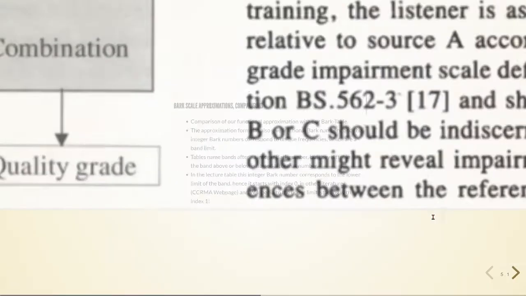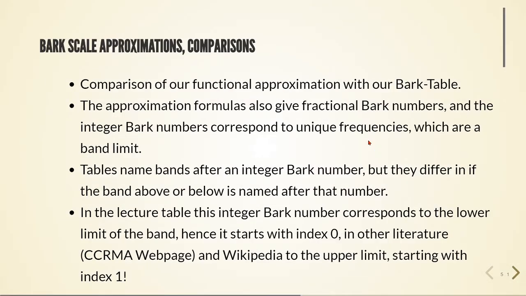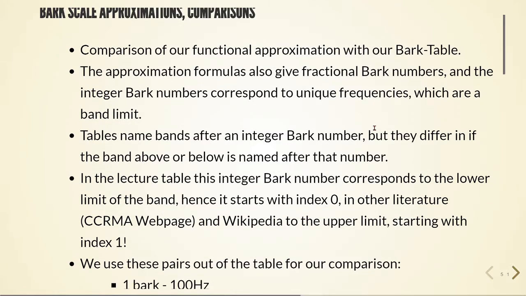So now we are going to compare all these approximations with our Bark table, and we see that the approximation formulas also give fractional Bark numbers, and the integer Bark numbers correspond to unique frequencies, which are band limits. Tables name bands after an integer Bark number, but they differ in whether the band above or below is named after that number.